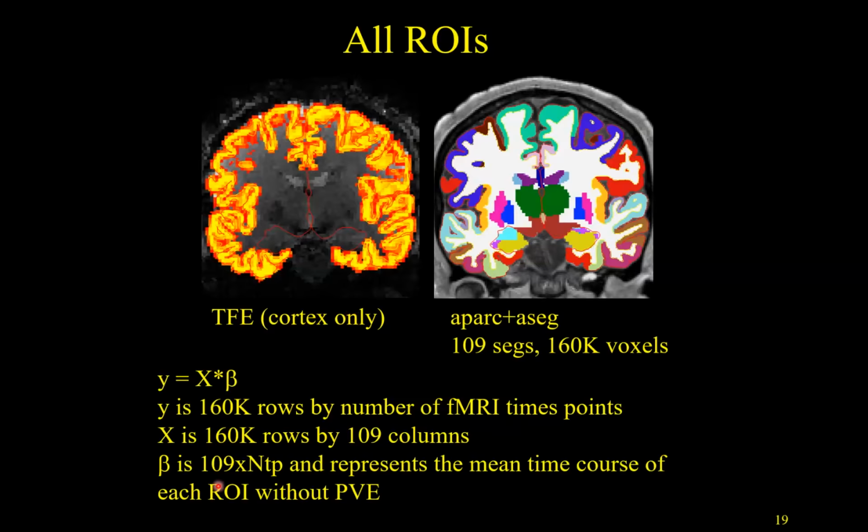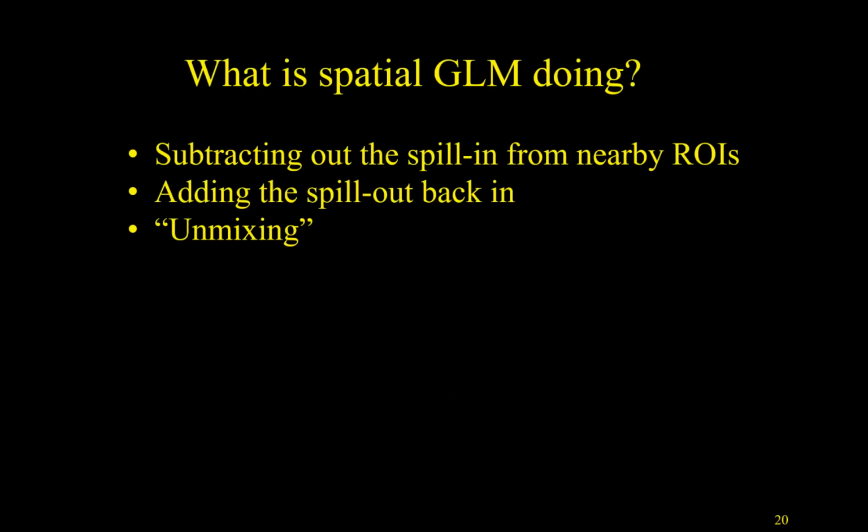So in this case, it would be 109 columns. And so beta will give you the 109 values for each ROI corrected for this partial volume effect. So what is the spatial GLM doing? It's subtracting out the spill in from nearby ROIs, and it's adding the spill out back in. And so it's doing essentially this unmixing process.